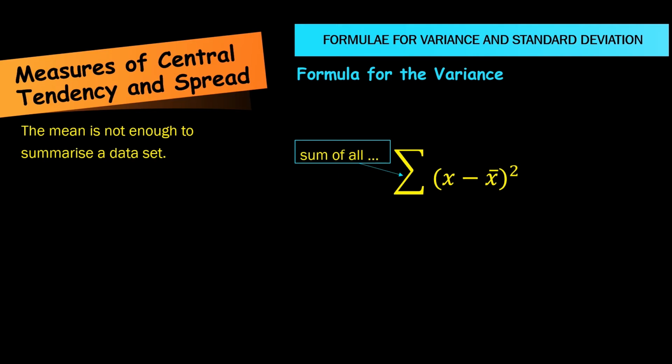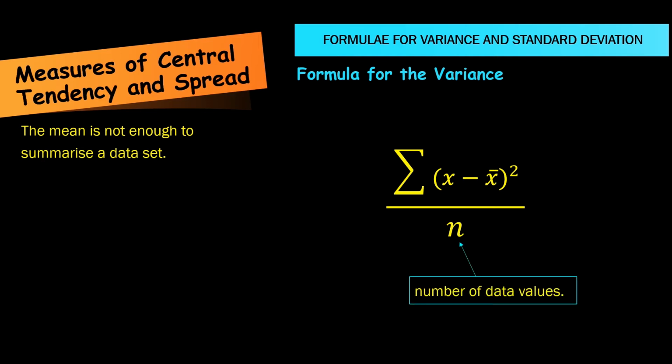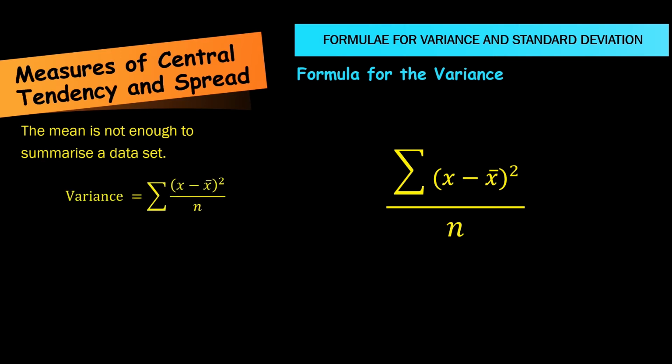And of course, the sigma denotes sum of all, and then divided by n, which was the number of data items, and came up with this formula. So it was variance equals sum x minus x bar all squared divided by n.